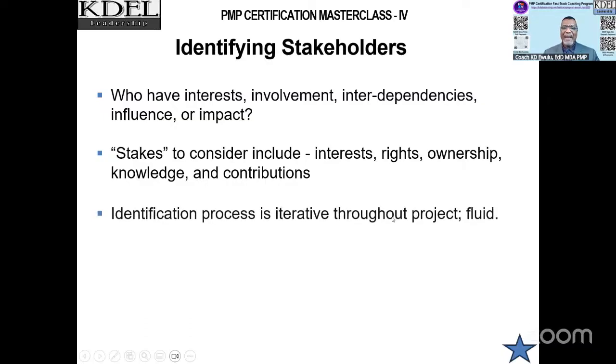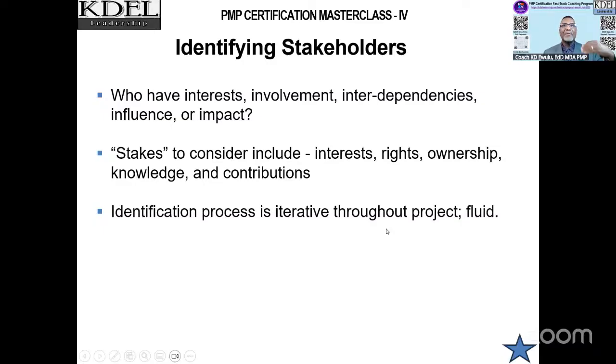In identifying them, the process is iterative throughout the project. It is fluid. It happens because stakeholders emerge and disappear during the project. Some people who you wouldn't think were stakeholders at the beginning end up becoming stakeholders because it impacts them further down the line and they're either with you on the project or against you on the project.